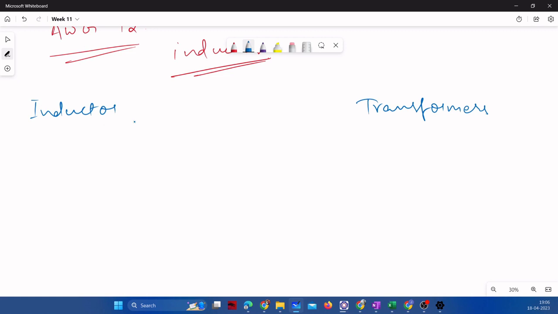They will have two or three degrees of freedom: core area, window area, current density, flux density with materials, and the number of turns you can play with. There are so many things, but of course you need to optimize, or see which approach you will go by. So there is one terminology which is very popular: area product.